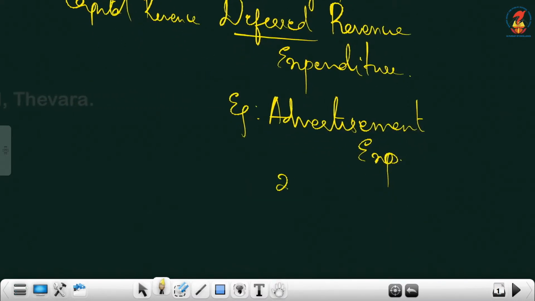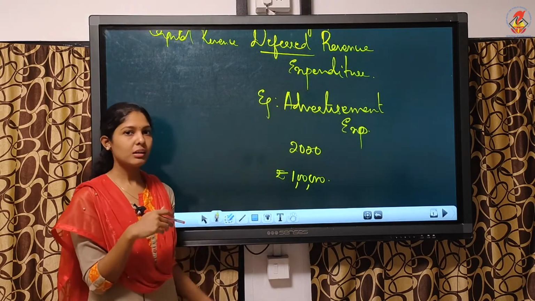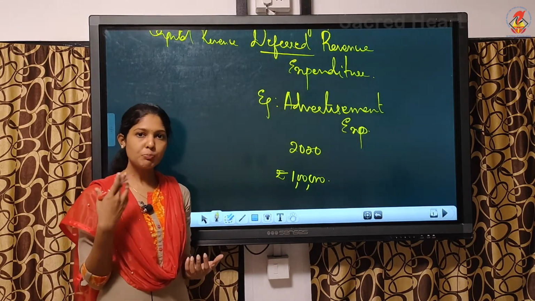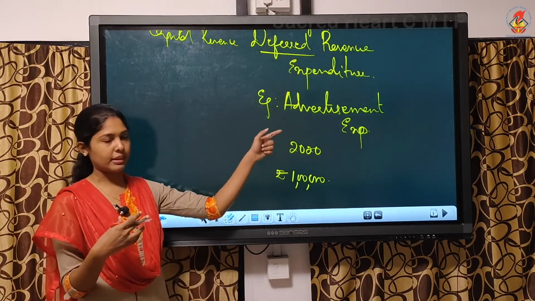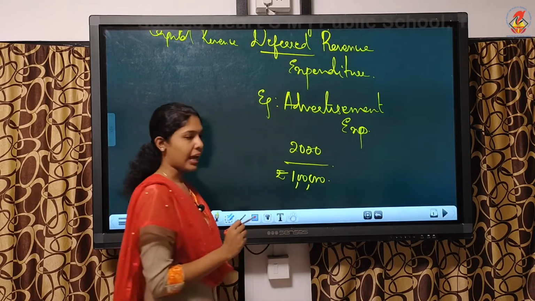Suppose in the first year, that means 2020, we are starting the business, and in the first year you spent an amount of rupees 1 lakh as part of advertisement. Why are we spending on advertisement? To increase sales, to promote sales. It's a promotion technique. So in the first year we spent rupees 1 lakh.